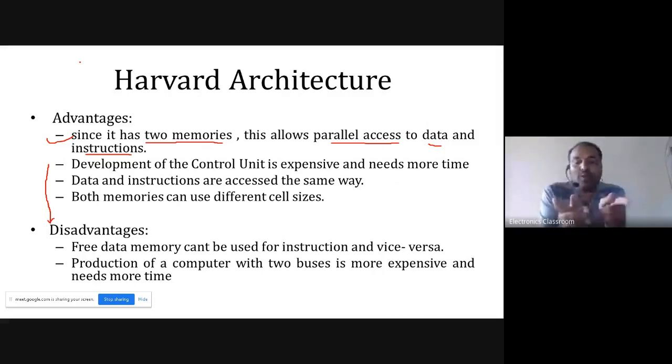But here, we have the advantage that we can access both data from memory as well as code using the same instructions.